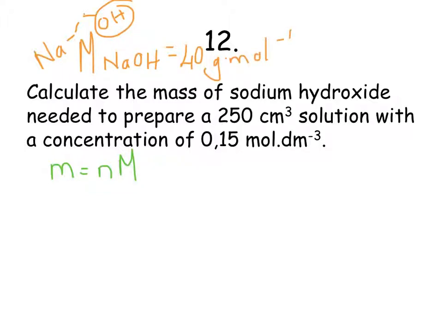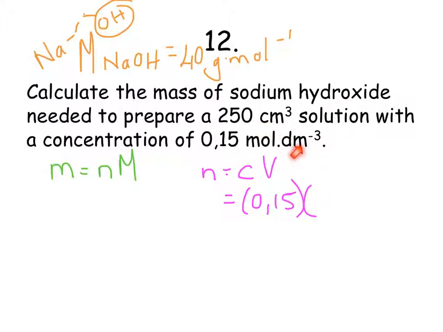That's fine, but I still don't know my number of moles. So somehow I need to work out number of moles. Fortunately, I have quite a bit of information. Number of moles is equal to concentration times volume. The concentration is given to me, 0,15, no problem. The volume I have a bit of a problem with, because the concentration is per decimeter cubed and my volume is in centimeters cubed. Those need to become compatible units. So I need to convert centimeters cubed into decimeters cubed.